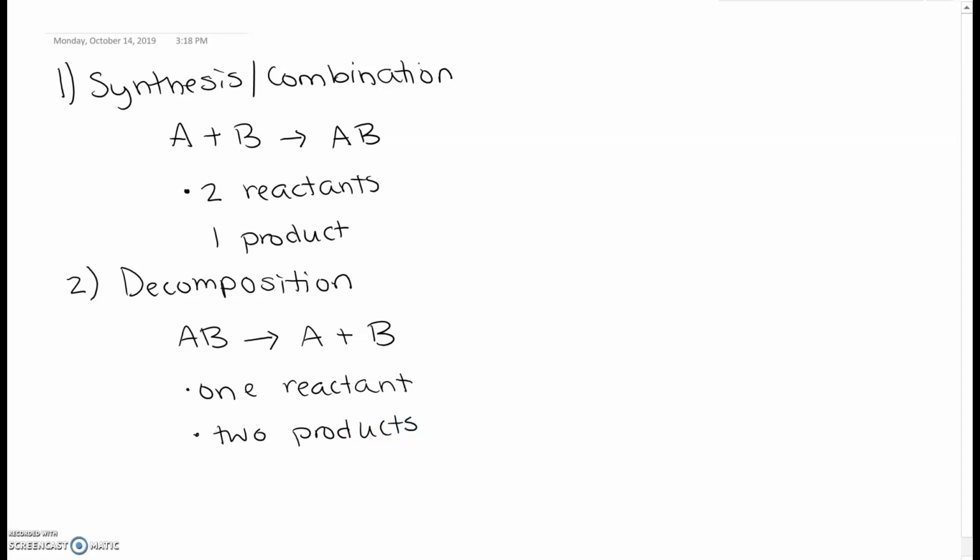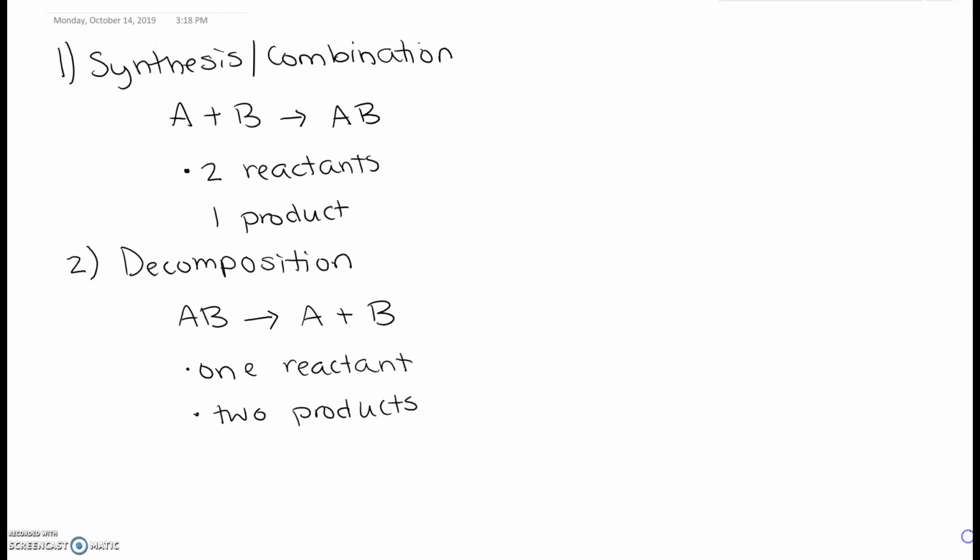Right, so those two, the definitions of those words themselves really help you identify what's going on in those types of reactions.